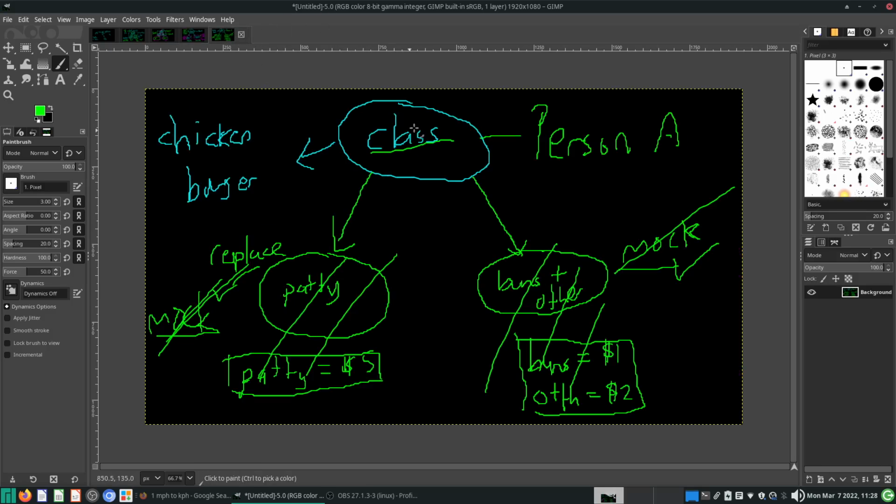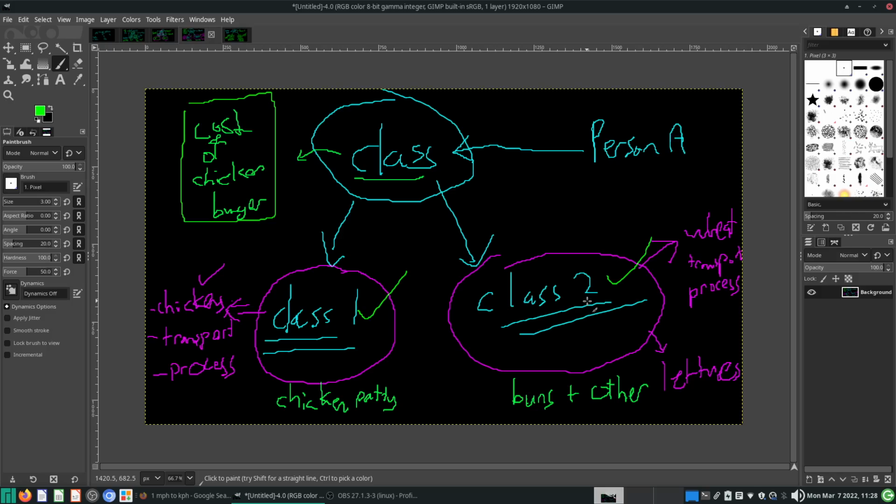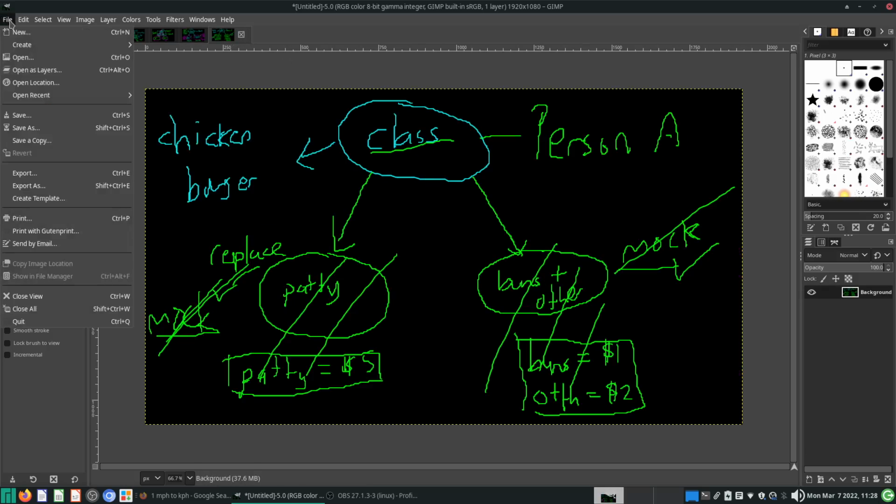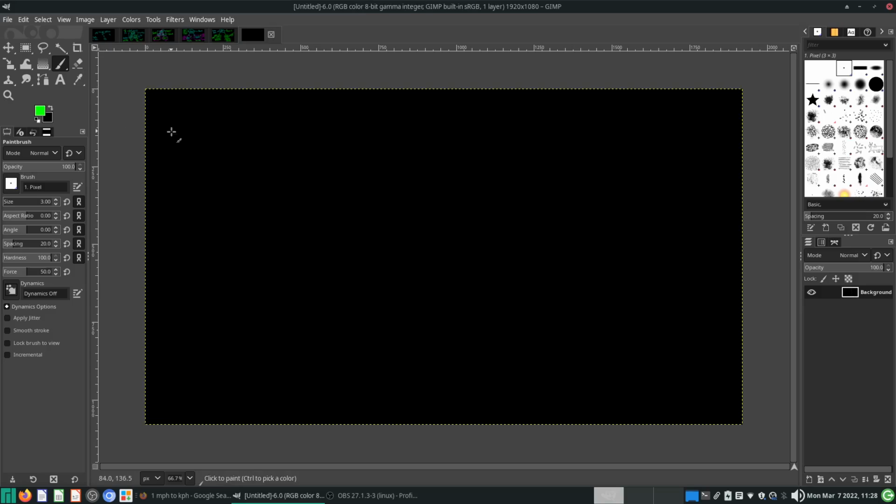Once person A finishes debugging this, person A's job is done. Then you do class 1 and 2. So that's ideally what you want to do. You want to be able to swap these dependencies in and out. The whole idea is to be able to debug well.